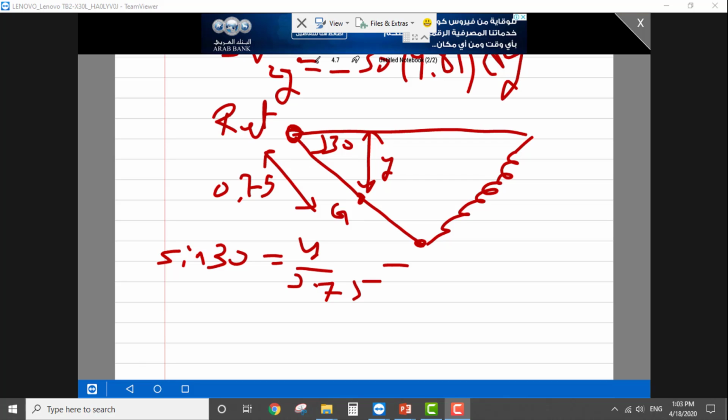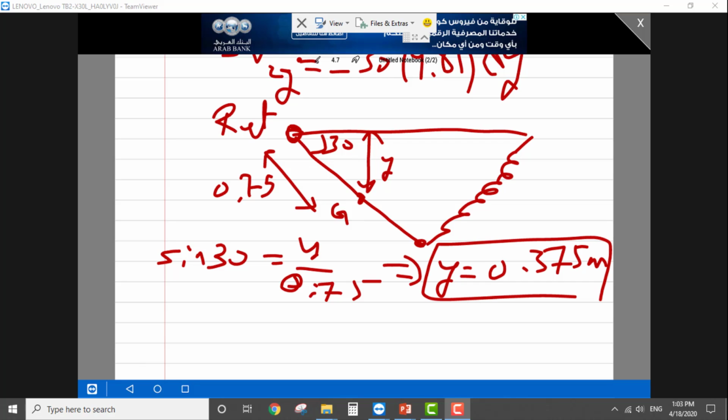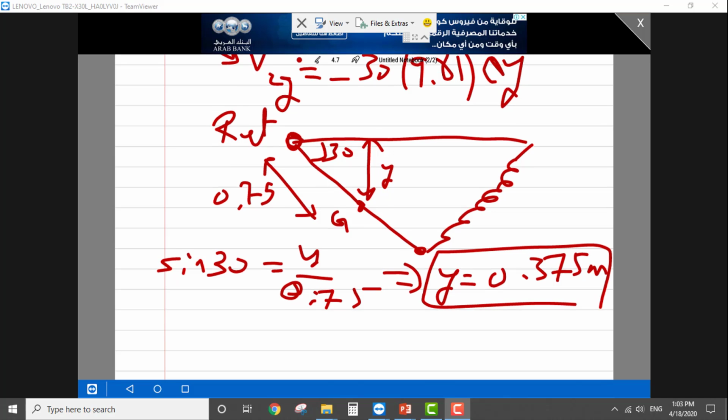Using my calculator, half multiplied by 0.75 is 0.375 meter.